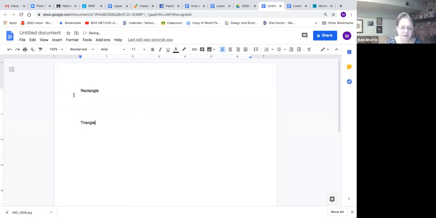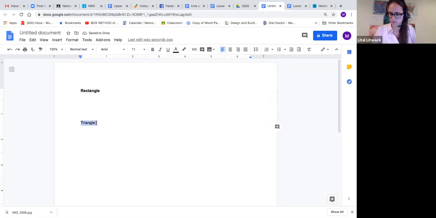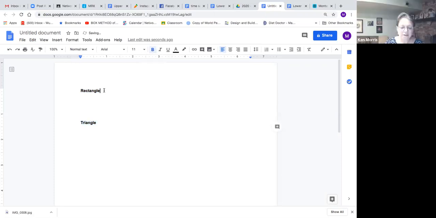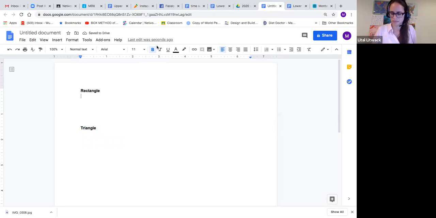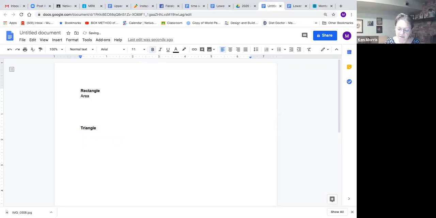Okay, so what did we learn about the relationships here? So we know that the area of a rectangle is equal to the length times the width.